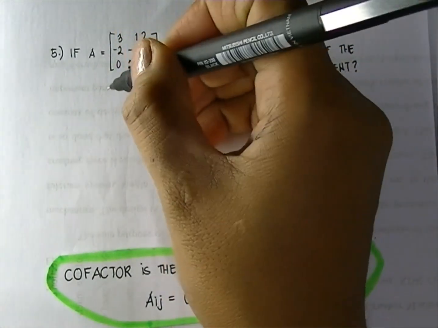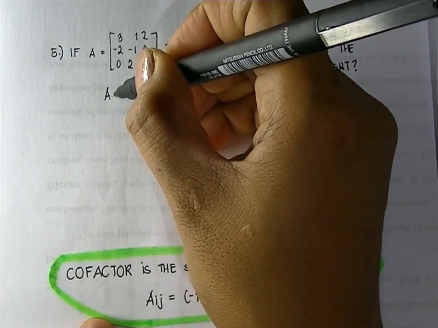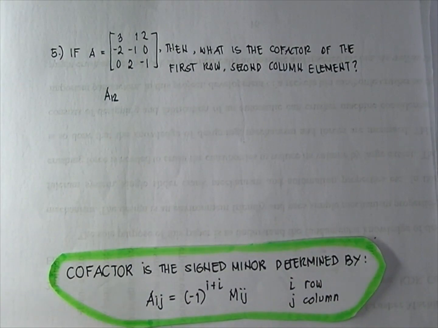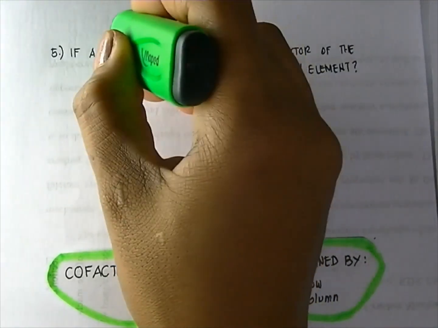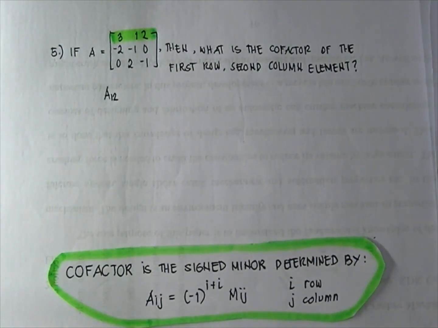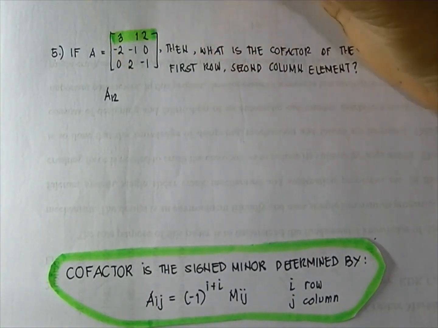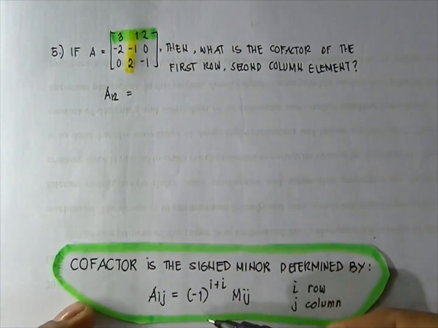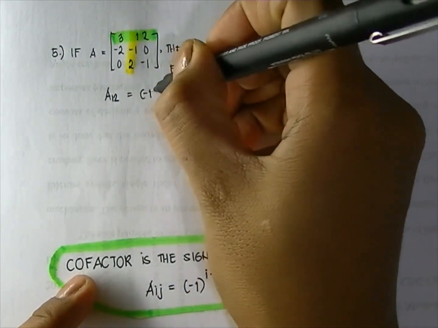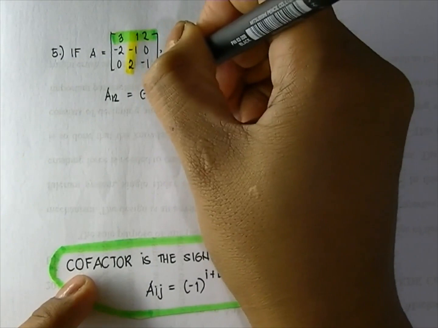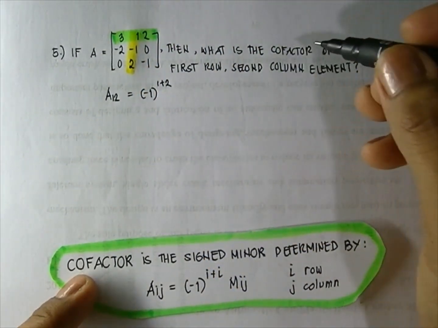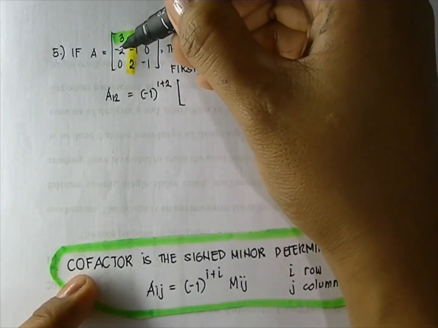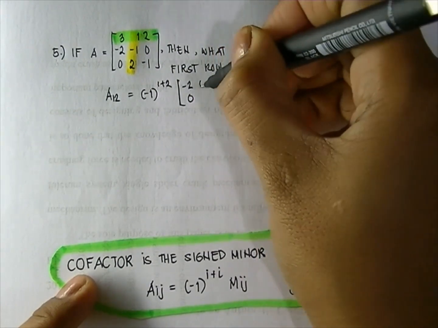We are required to find the first row, second column. So the cofactor of first row, second column is equal to negative 1 raised to i plus j, first row plus second column, times Mij, which is negative 2, 0, 0, negative 1.